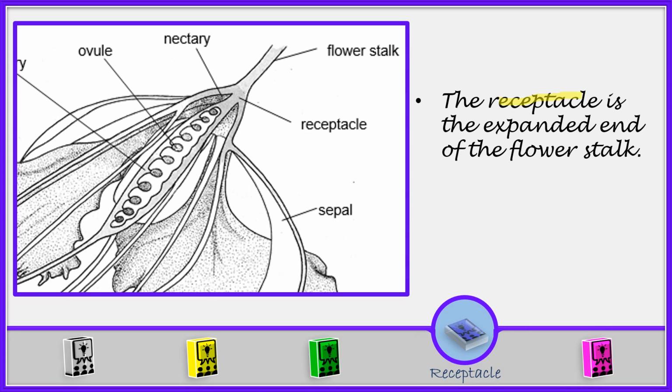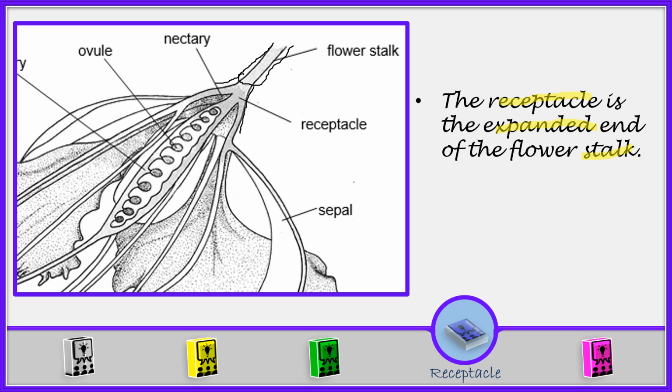The receptacle is the expanded end of the flower stalk. We have the flower stalk, and our flower stalk is this part here. But when it reaches up, it expands.